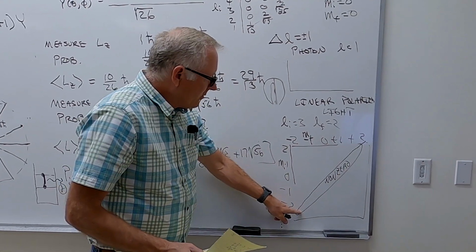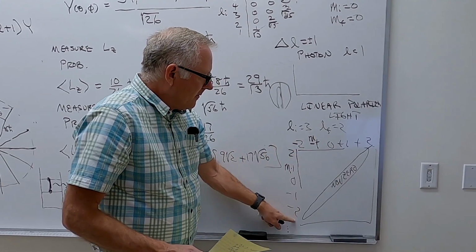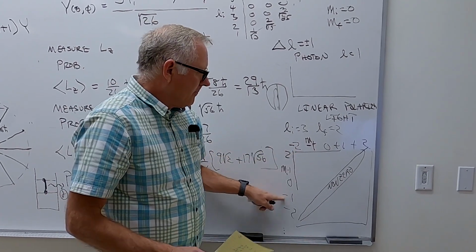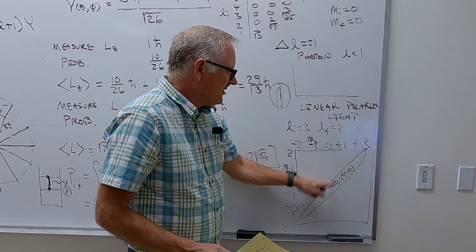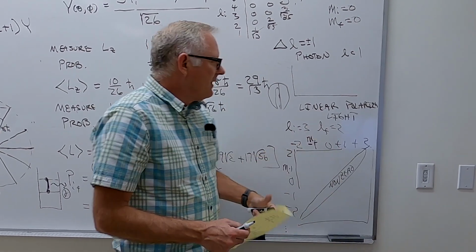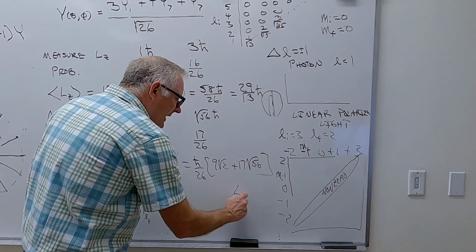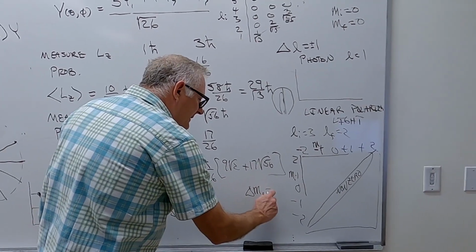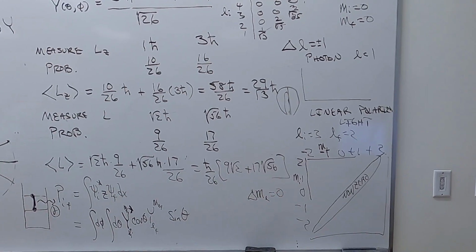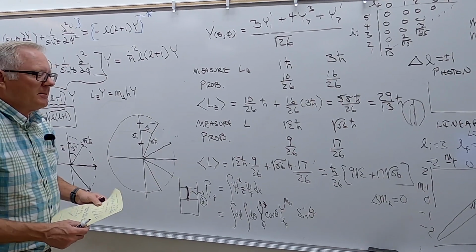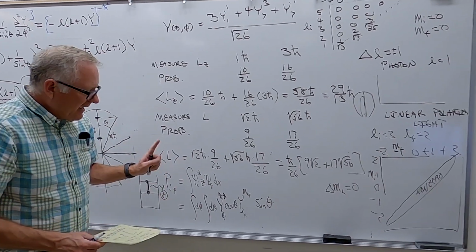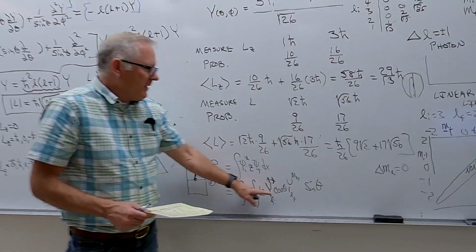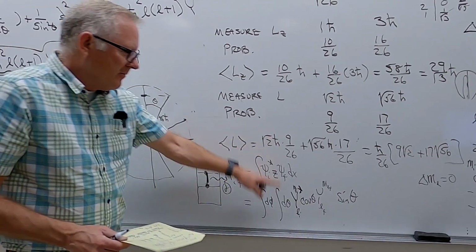So if you're going from minus 2 to minus 2, minus 1 to minus 1, 0 to 0, this says that the change in M sub L has to equal 0. So there's the selection rule: M sub L can't change. But again, we only looked at it for the Z here.